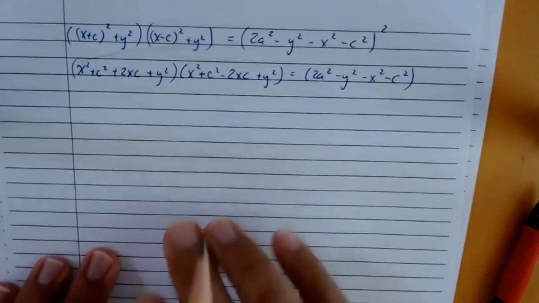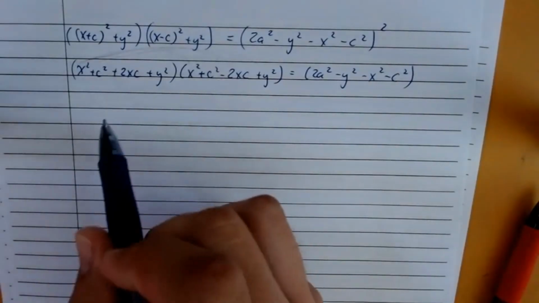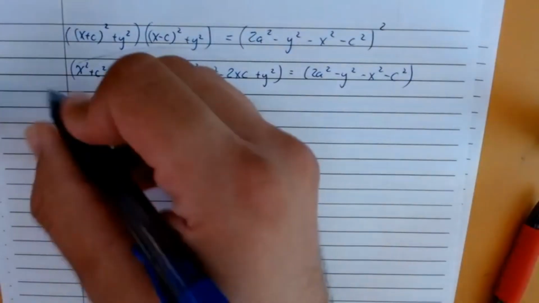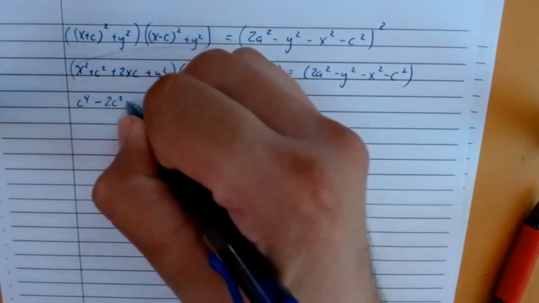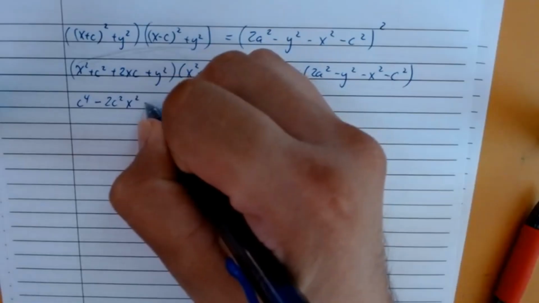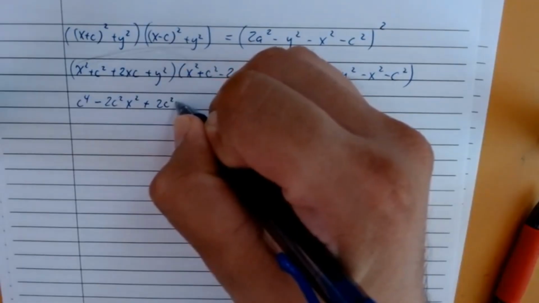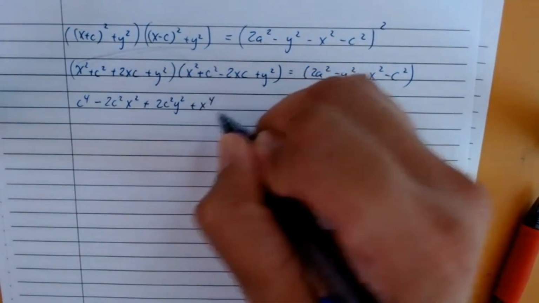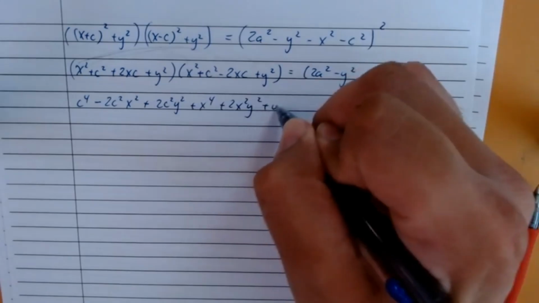Here, because of the limitation of my screen size, I think I'm going to share the results with you. I've gone ahead and done this on a separate sheet of paper. And if we multiply that all out, we end up with c⁴ − 2c²x² + 2c²y² + x⁴ + 2x²y² + y⁴.